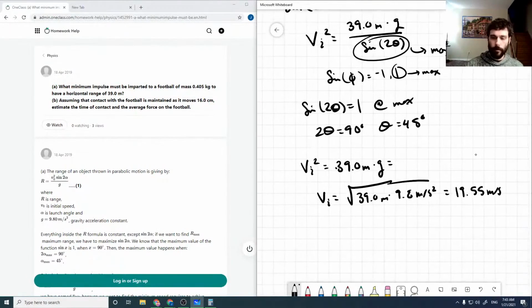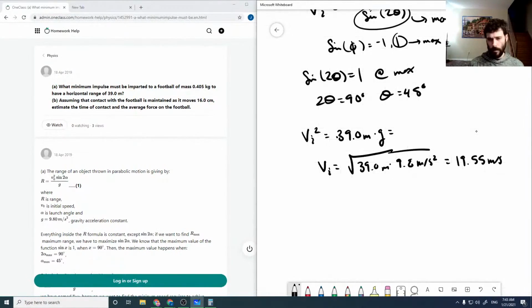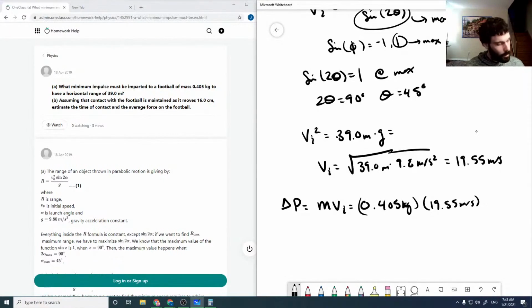So our minimum impulse, which is delta p, which we said was m vi, is equal to 0.405 kilograms times 19.55 meters per second, which is 7.92 kilogram meters per second.